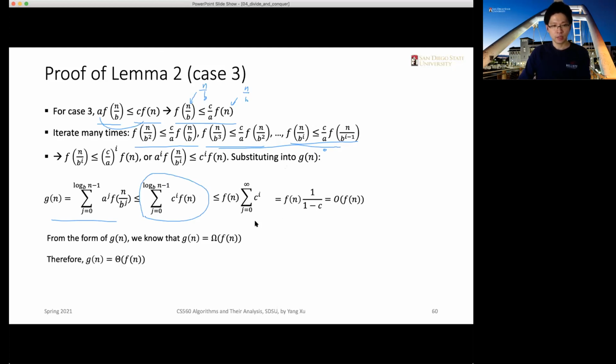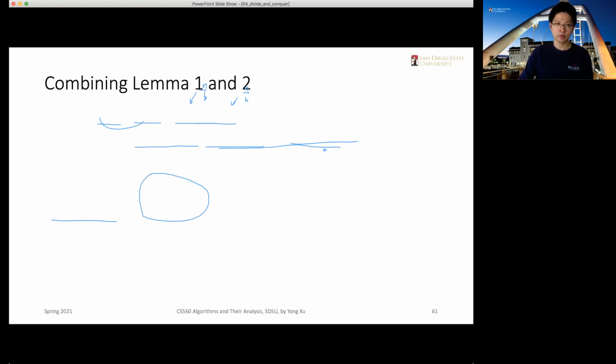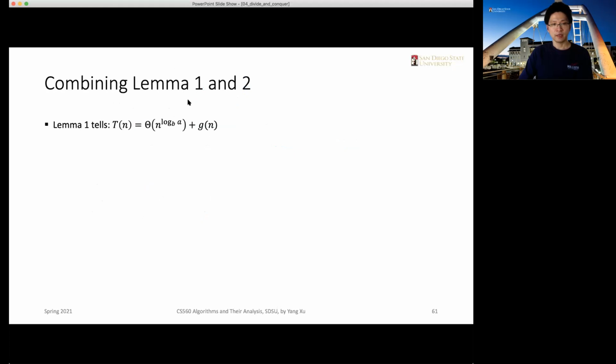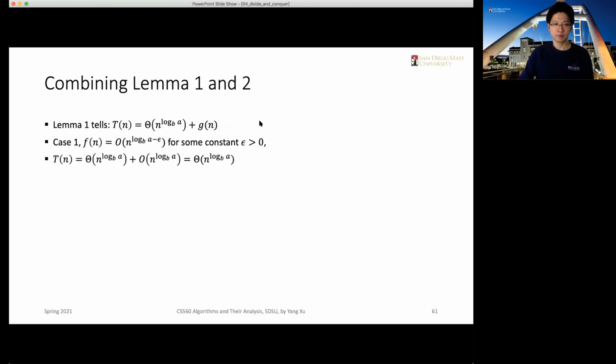So altogether, we have the 3 cases proved, and Lemma 2 is proved, and we are almost done. If we combine Lemma 1 and Lemma 2, we can soon obtain the conclusions of the Master Theorem.